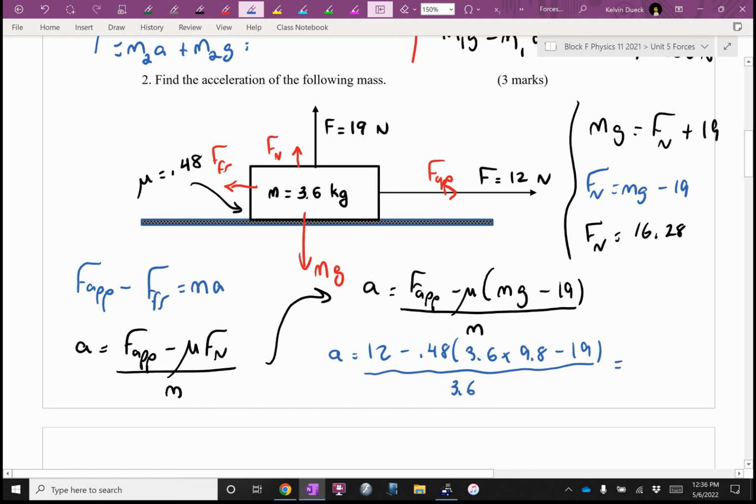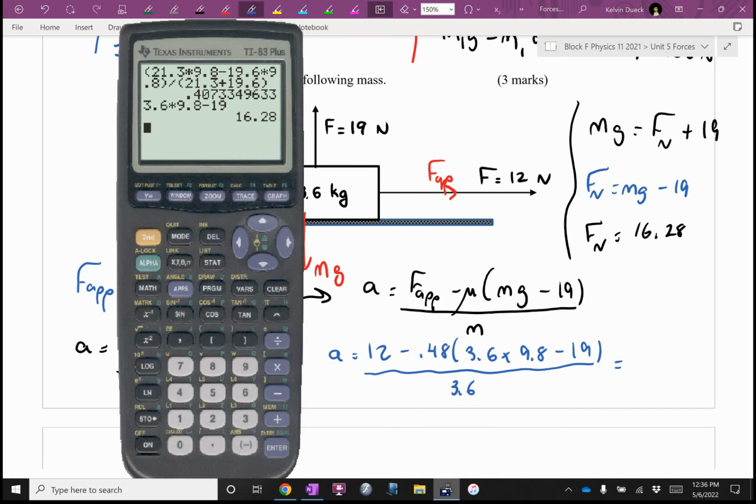I have a feeling we're not going to get a very big acceleration here, because pulling with 12 newtons is not a very big force. Bracket minus 0.48, open up another bracket, 3.6 times 9.8 minus 19, close off the small mini bracket, close off the top, divided by 3.6.